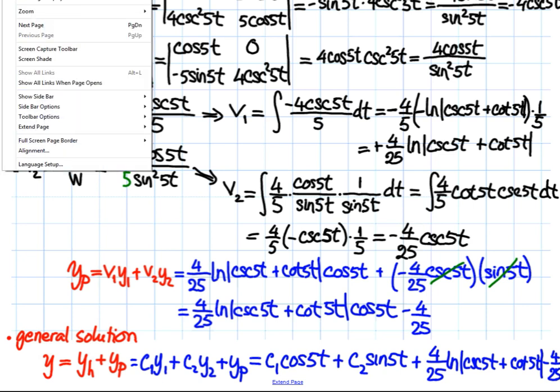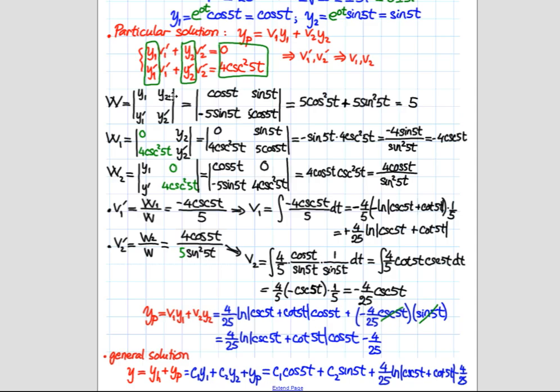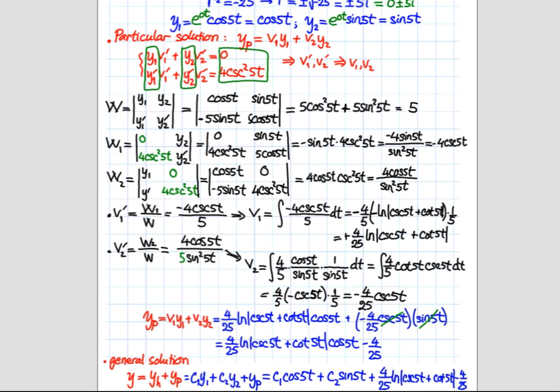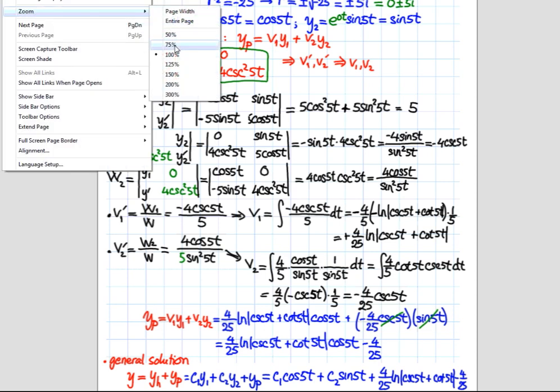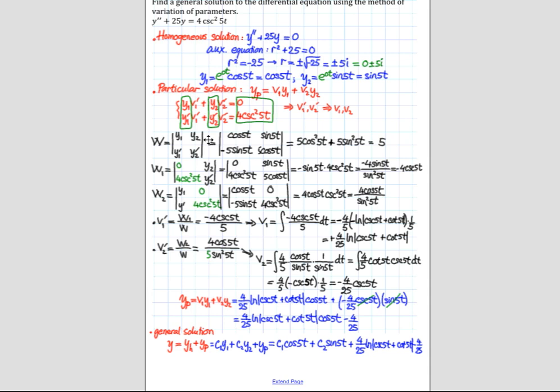I will zoom out so we have a better picture of the whole problem. So that is the whole solution. Notice that the part where we use the W's here is called Cramer's rule. Just find W1 over W and that will give you v1 prime.